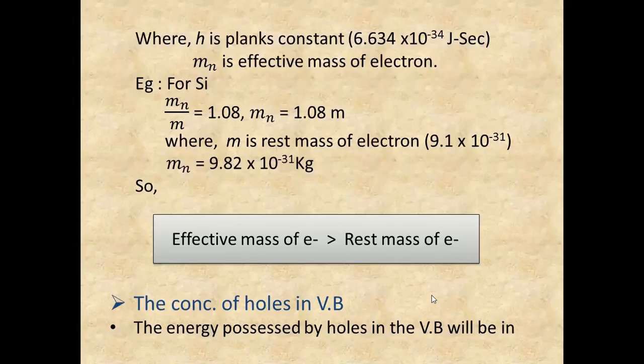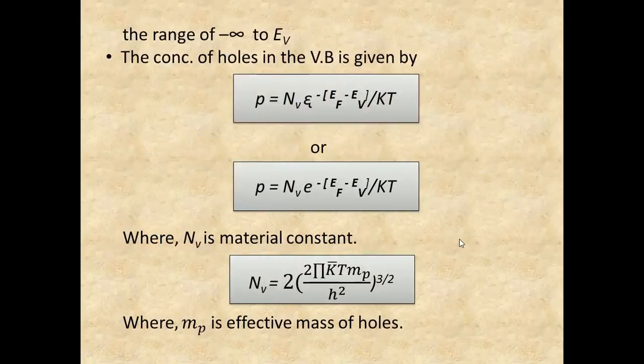This is the conclusion we got. So we proceed to the concentration of holes in the valence band. In the previous case it was going towards plus infinity. Now, the energy possessed by the hole in the valence band will be in the range of minus infinity to E_V.